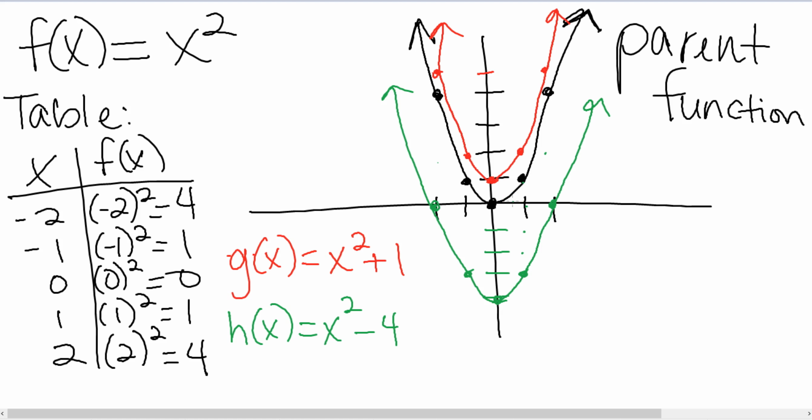Okay? So now let's look at horizontal. Let's say m of x. So that's going to be the h coordinate of your vertex.